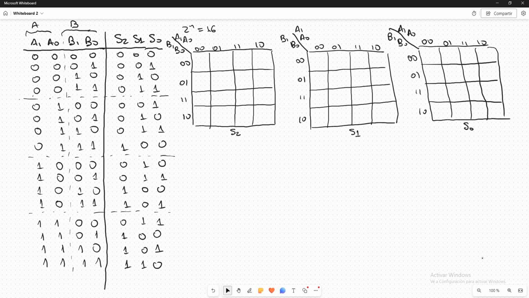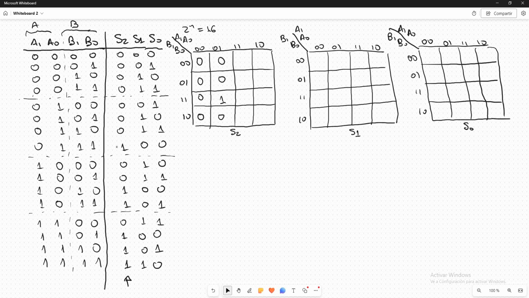Now we fill in the values of each output in the Karnaugh map. We start with output S2. We have 4 zeros in the first column. Now we have 0, 0, 0, 1, and here 0, 0, 0, 1.